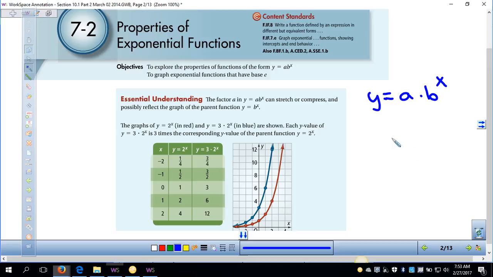And now we're going to talk about what we can do. If we change the value of a in front, how will it affect the graph? Just like with every translation we've done in the year. Steeper or less steep. So it'll have a stretch factor. So that a in front is a stretch factor.